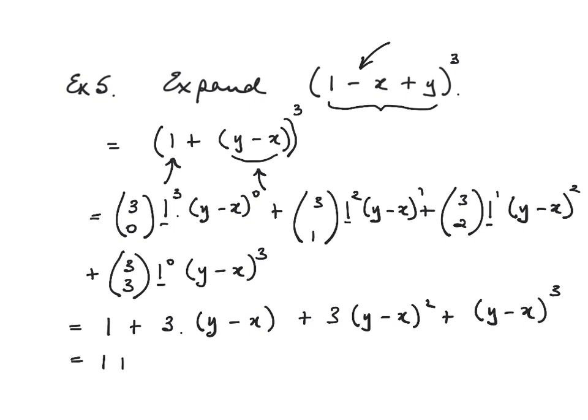That's 1 plus 3y minus 3x. We can now expand some of the brackets, plus 3 lots of y squared minus 2xy plus x squared.